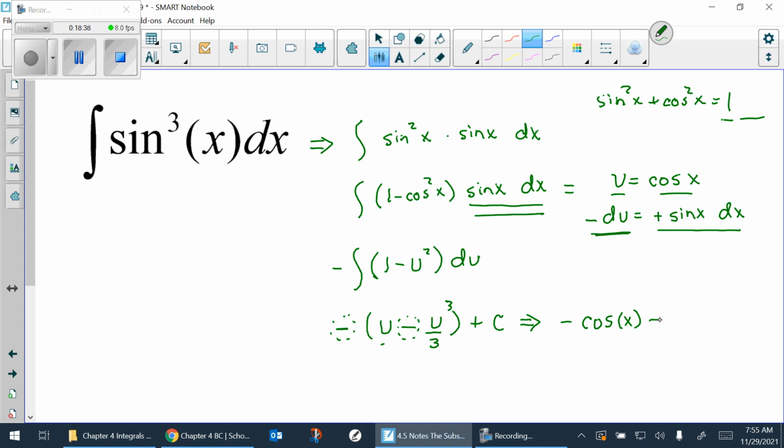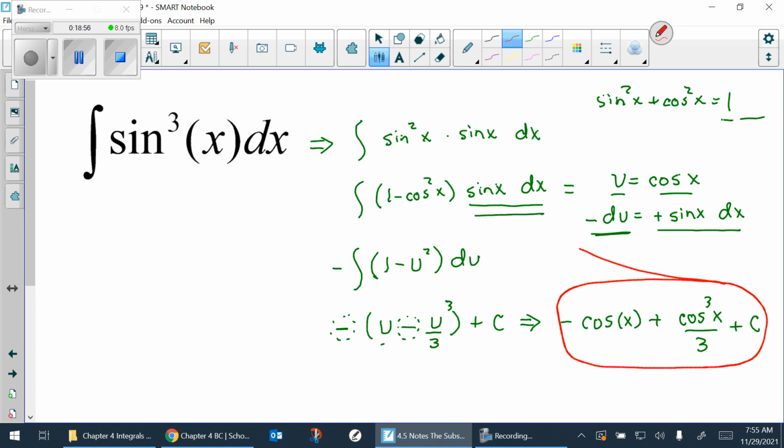So I'm going to say plus u cubed, or cosine cubed, over 3 plus c. And I do believe if you take the derivative of this, you would indeed get sine cubed of x.